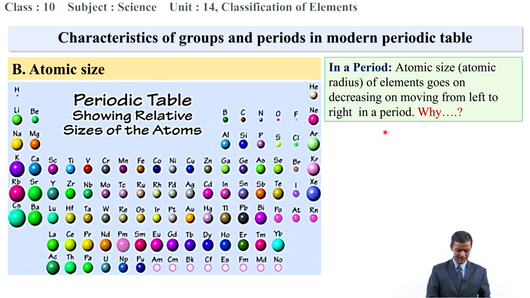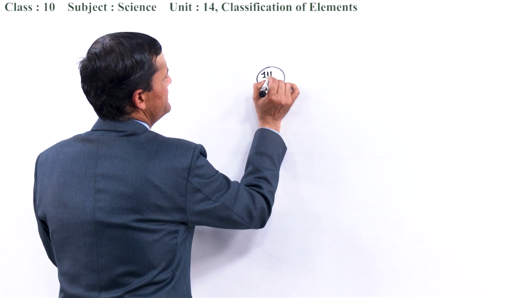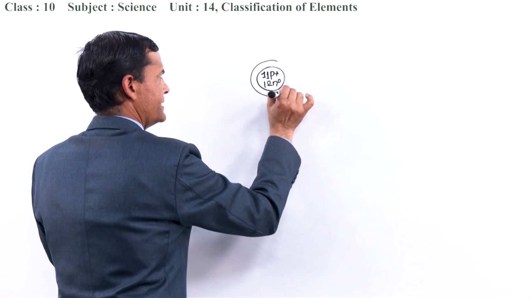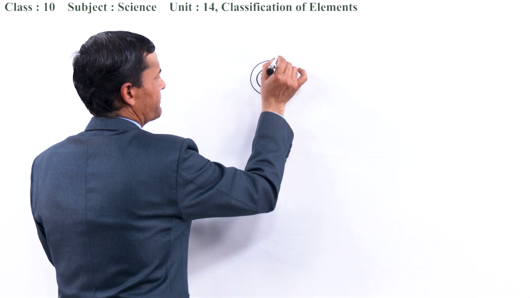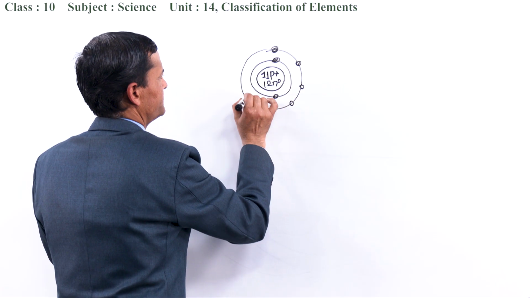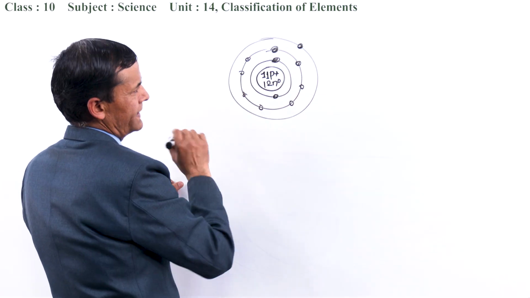Think carefully. Its main reason is that as the number of electrons increases in the valence shell, the orbit can be attracted towards the nucleus, because look here: 11 protons, 12 neutrons, first shell 2 electrons, second shell 8 electrons, and outer shell 1 electron.